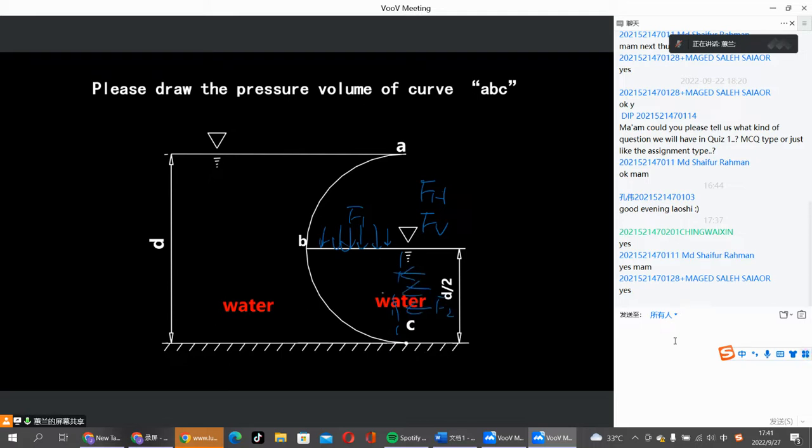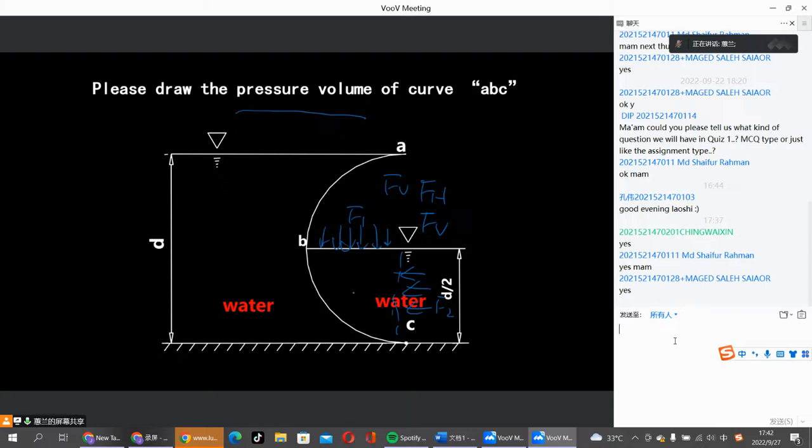But we don't need to do it each time. That will be tedious. You can just tell us directly, because for example, for the FV, we just need to find out the pressure volume, and then the vertical force will be equal to the weight of the pressure volume.